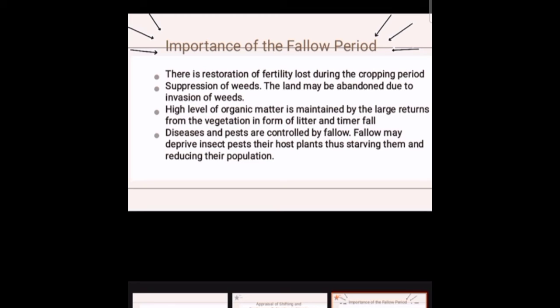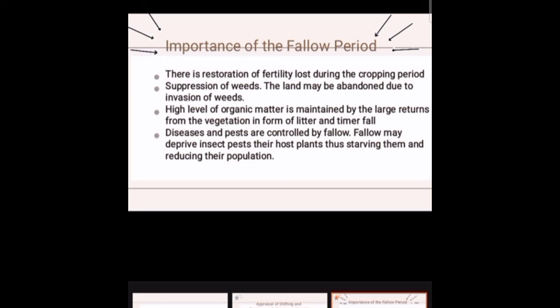A closed cycle is established under a forest canopy. Nutrients pass from soil to vegetation and back to the soil. The second one is suppression of weeds. The land may be abandoned due to invasion of weeds.